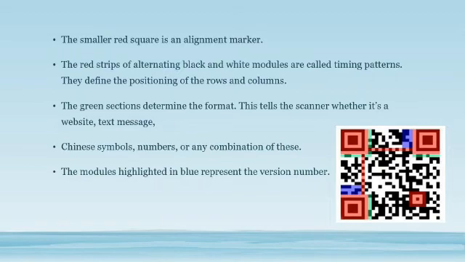The green section determines the format. This tells the scanner whether it is a website, text message, Chinese symbols, numbers, or any combination of these. The modules highlighted in blue represent the version number, like in this picture.